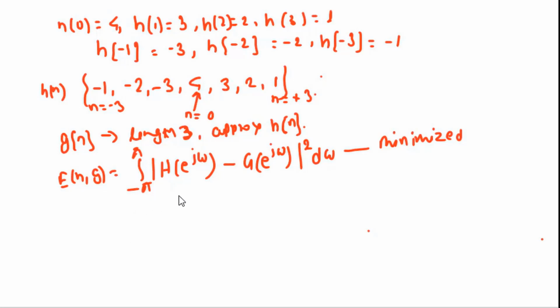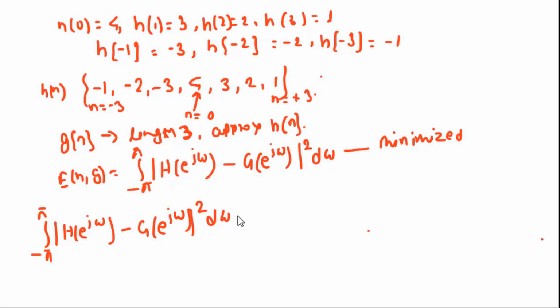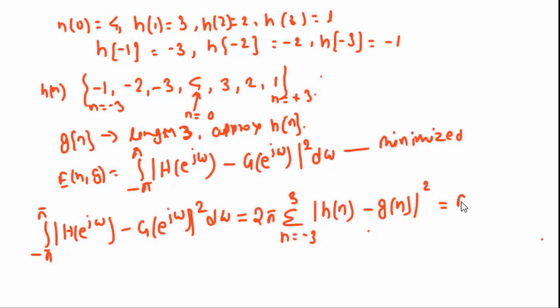From Parseval's equation, you can write the integral from -pi to pi of H of e j omega minus G of e j omega whole squared d omega equal to 2 pi times the summation from n equal to -3 to 3 of h of n minus g of n whole squared, and this is equal to E of h of g.